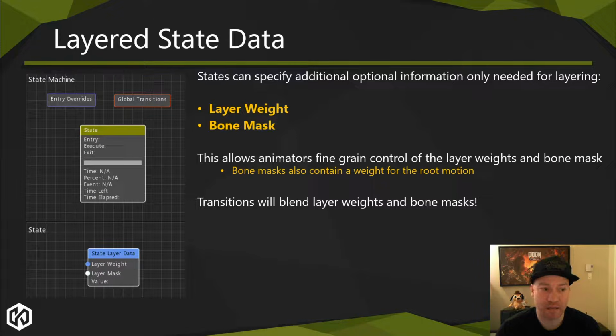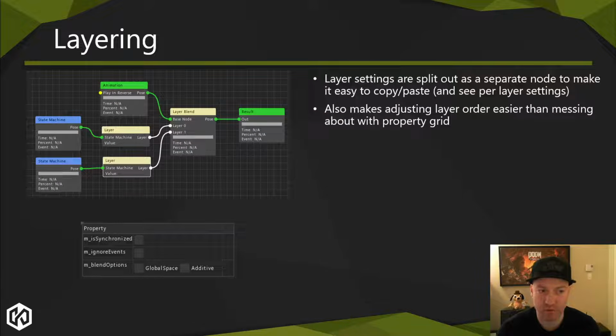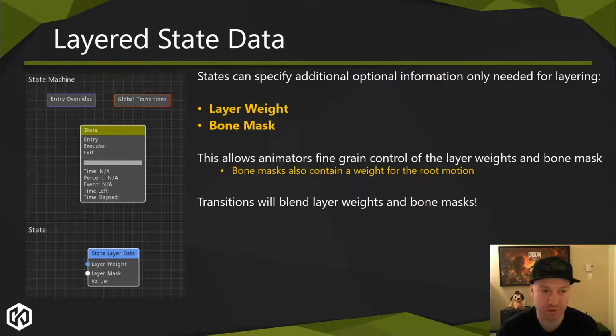My layers have some interesting things to them. You will notice that when we layer, we only allow you to layer state machines. That's done for a very explicit purpose. Inside of every state, you can add additional information. You can add a layer weight and you can add a bone mask. Whenever you click a state, you'll see the layer data in the secondary view.